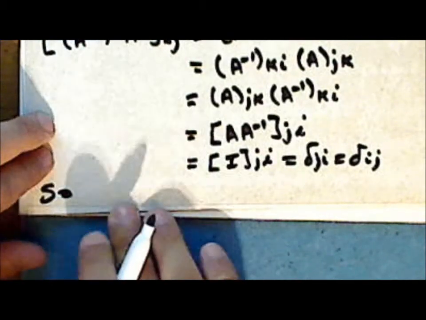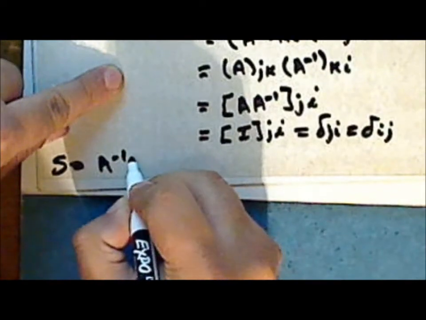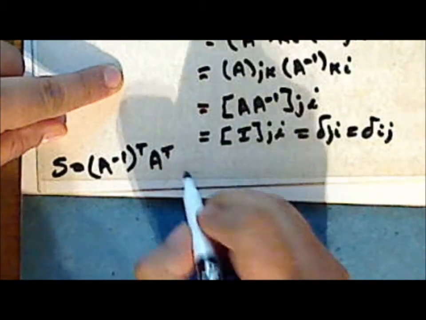And so we have that the product, when we pre-multiply the transpose of A by the transpose of the inverse of A, is the identity.